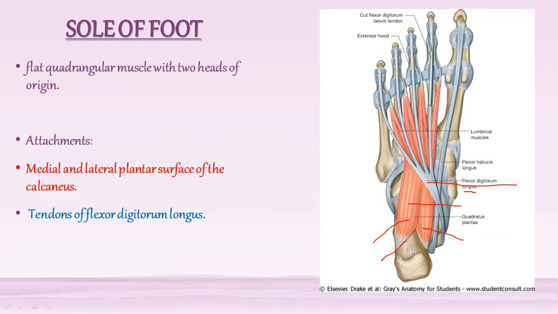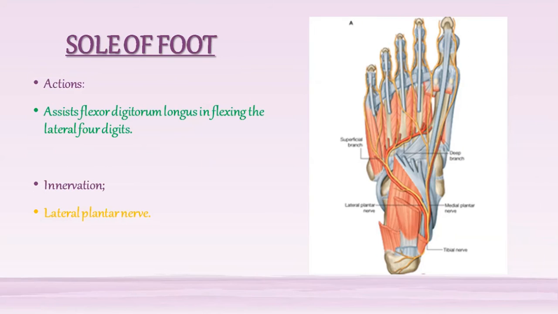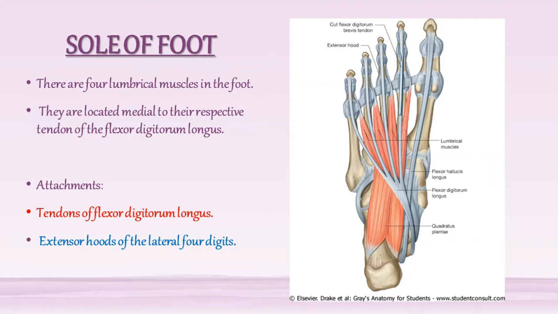Look at the picture. Both these heads insert onto the tendon of the flexor digitorum longus. And this muscle assists flexor digitorum longus in flexing the lateral 4 digits. It is innervated by the lateral plantar nerve.